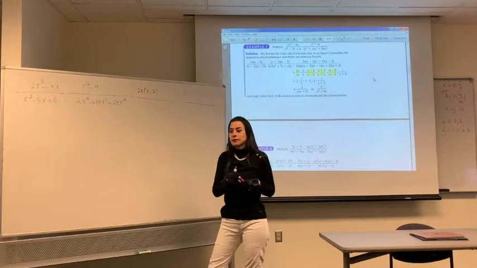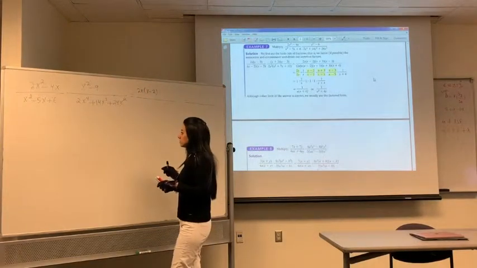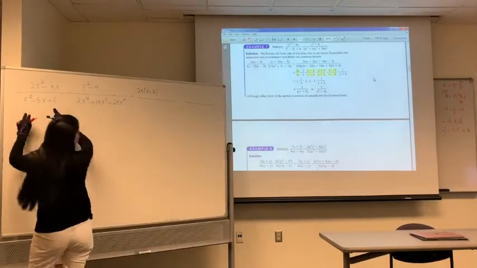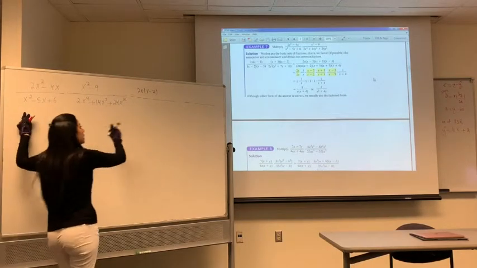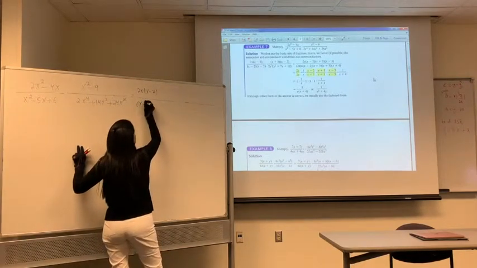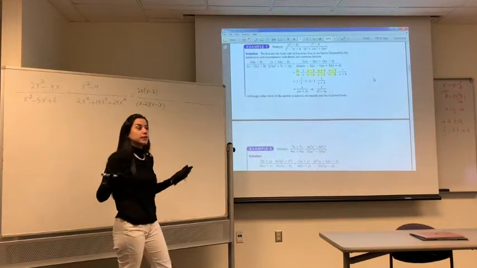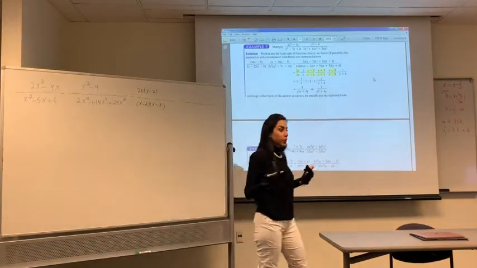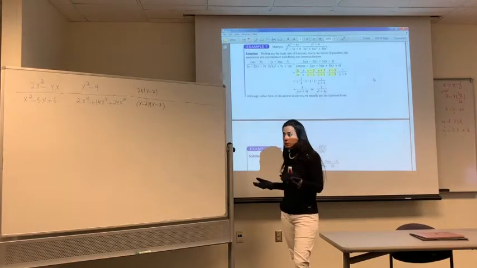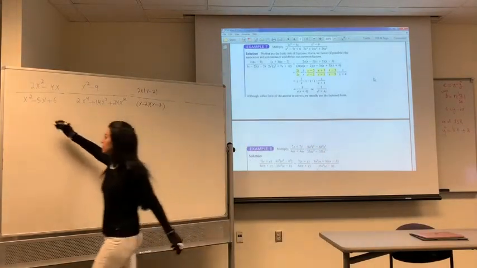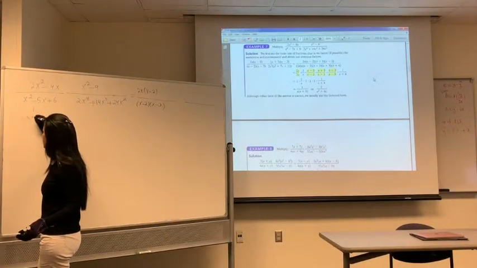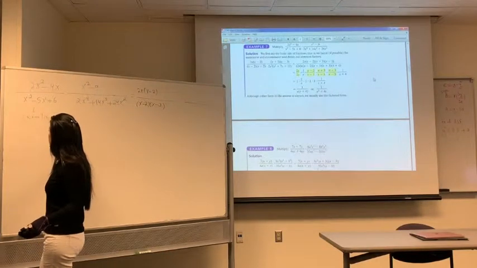Correct? This one, they are telling us it can be x minus 2 multiply x minus 3, and this is the x plus m multiply x plus n method. So let's write down here x plus m, x plus n.